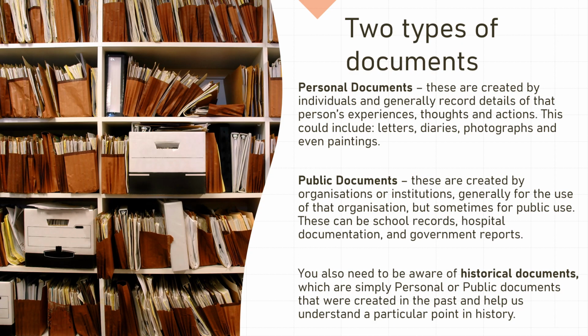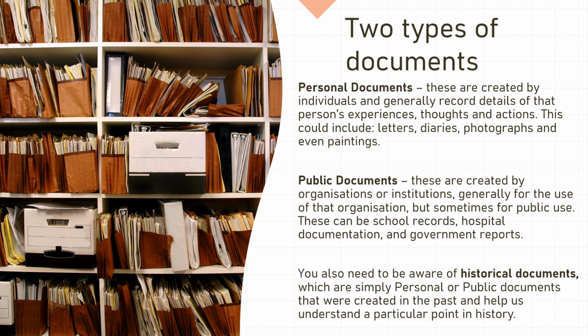So you need to know what the different types of documents are. The two main types are personal documents and public documents. Personal documents will be largely the ones we'll be dealing with when we're talking about using documents for research. They're created by individuals, just ordinary members of society, and they generally record details of that person's experiences.